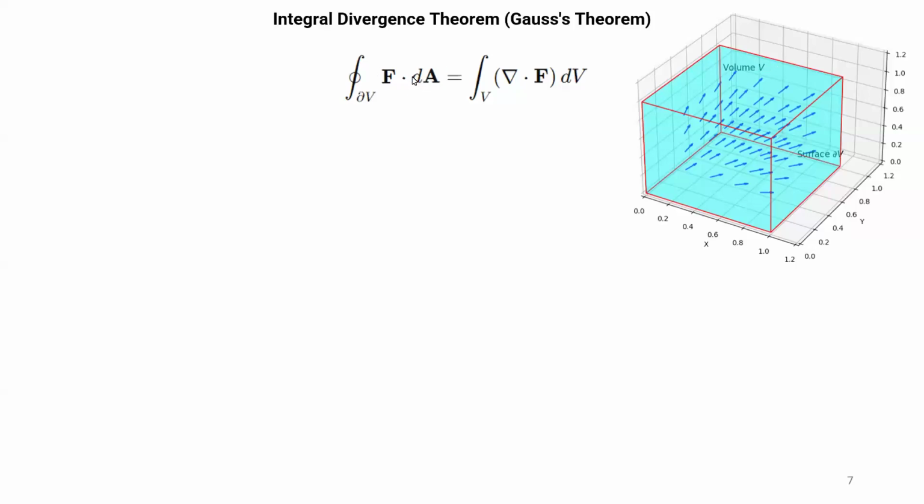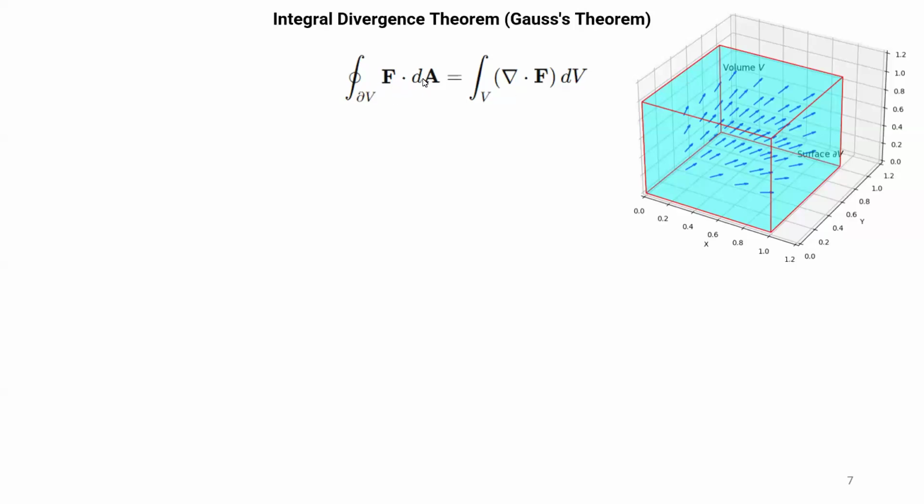So the flux corresponds basically to the flow of some vector field through some area, right? Like you can imagine some sort of a flow of water through some area. This is the same meaning.